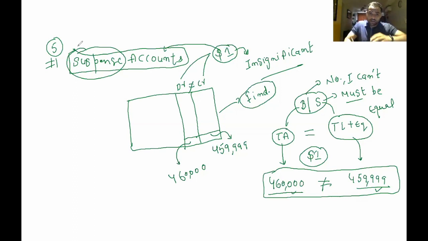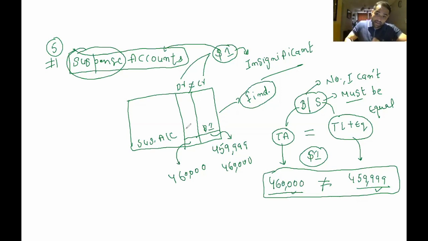If this $1 is on the credit side, we write down here suspense account $1, so the balance will now be 460,000. If it is on this side, we write $1 on this side. So the suspense account could be a credit balance or a debit balance.